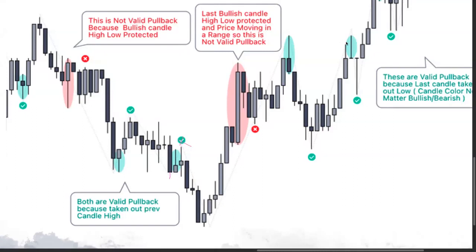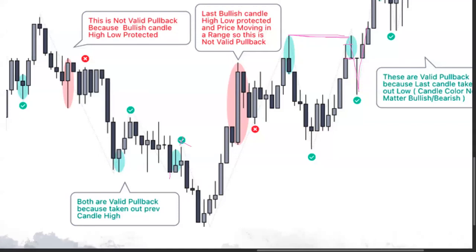And the same story is here. Pull back, break this low, go higher. It looks equal. Okay, so the recent candle's low is here, pull back and go high.